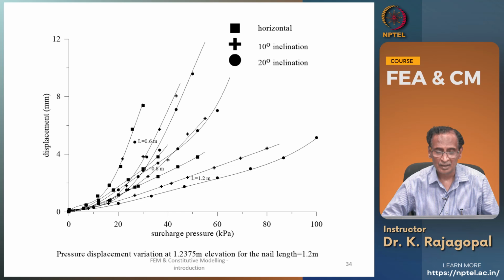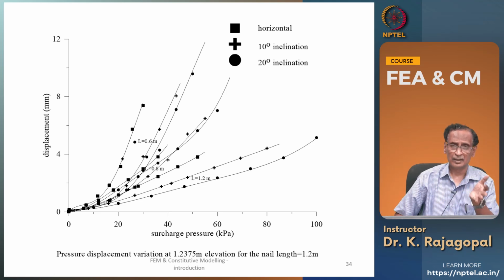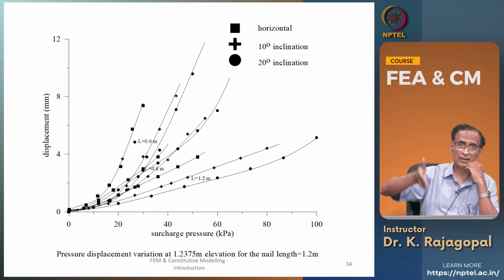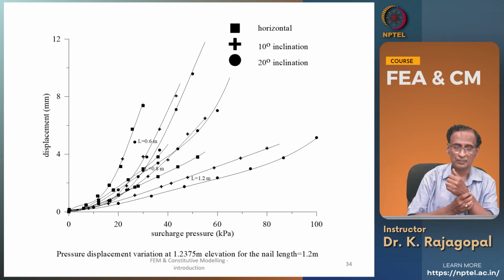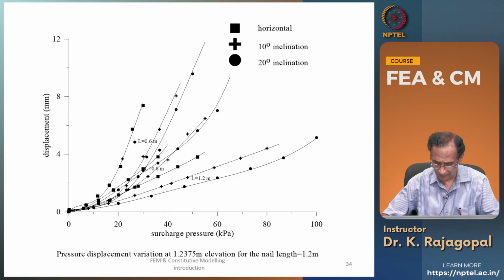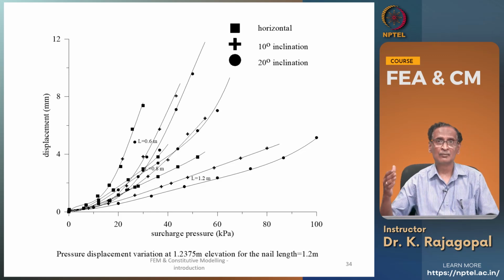And then the influence of the inclination, and the actual design of these soil nail walls is done by empirical methods by using some approximate rupture surface. And when we compare the finite element analysis with the approximate methods, there is a lot of difference that brings out the advantage of using numerical methods.